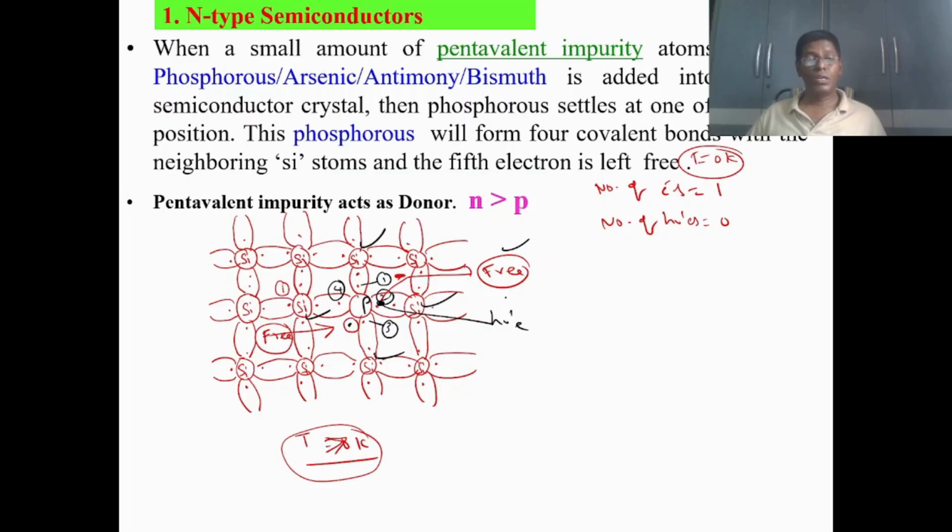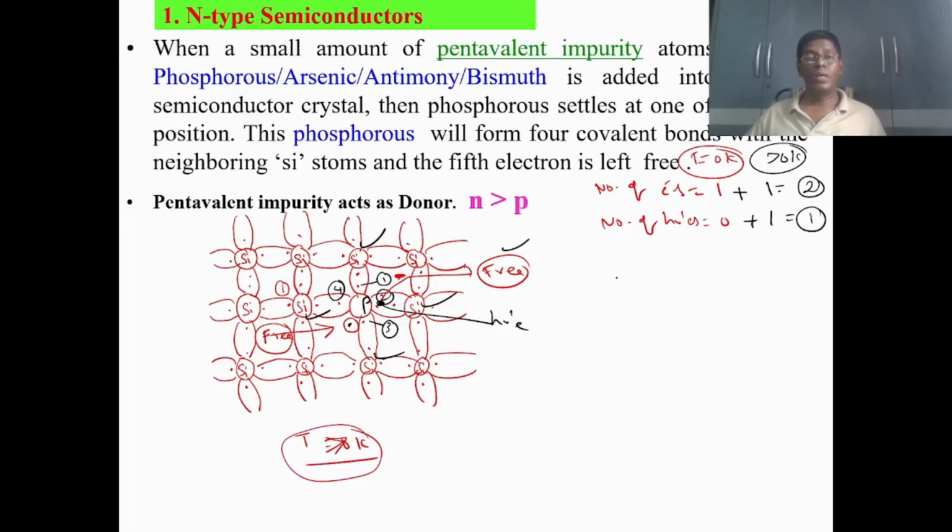Now we can calculate the total number of electrons in this material at a temperature more than absolute temperature. Already one electron is available because of the donor type phosphorus, and due to the increase in temperature, one more electron is formed. Therefore total electrons are 2 and the number of holes is equal to 1.